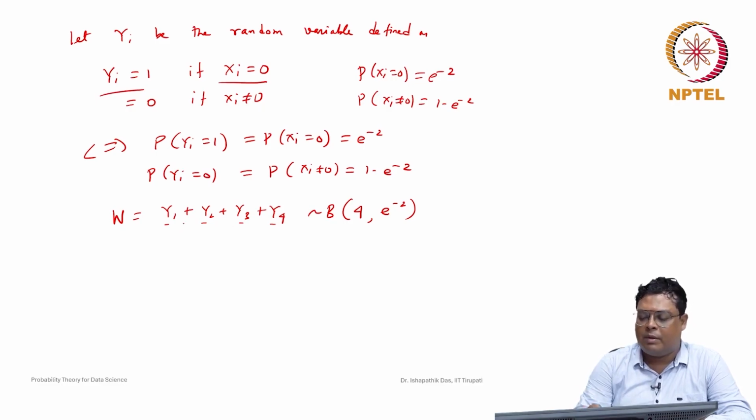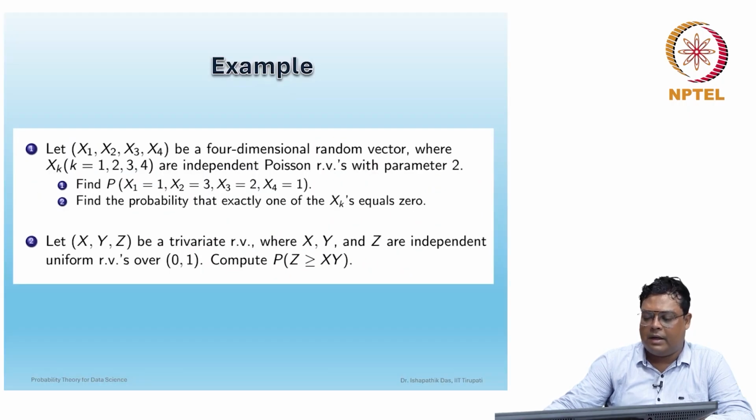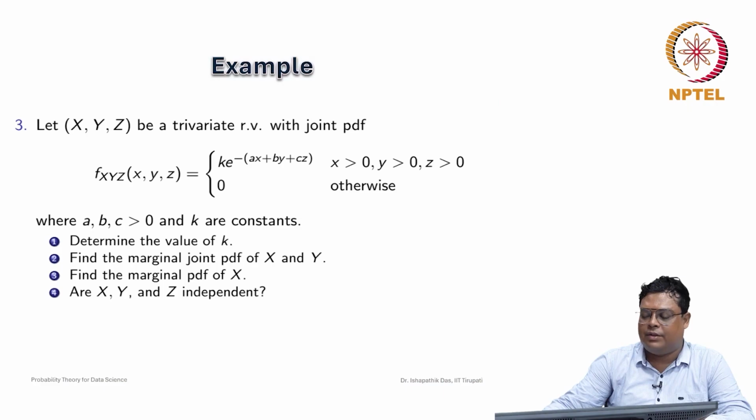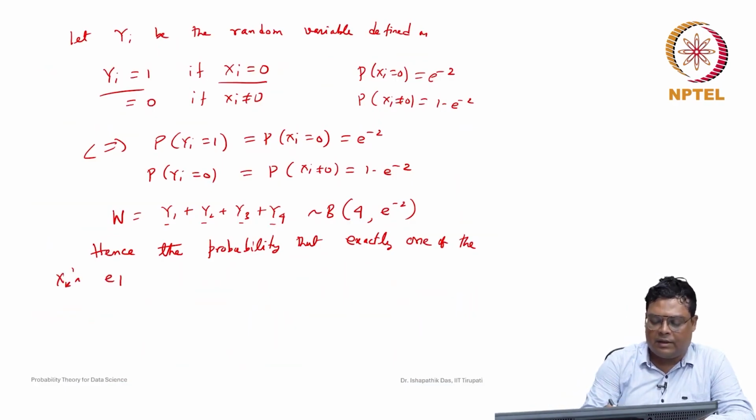So, exactly one of them is 1 means the sum is equal to 1, because the remaining are 0. So the question asked is: what is the probability that exactly one of the xk's equals 0?